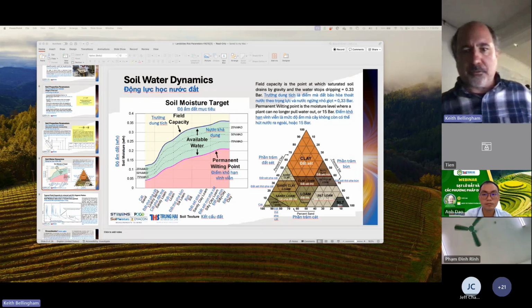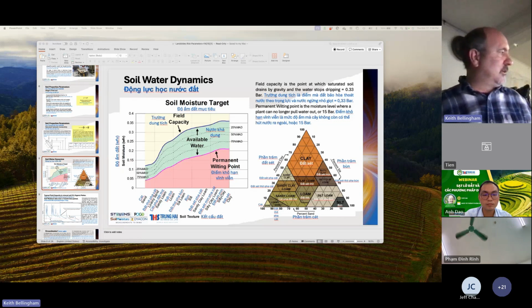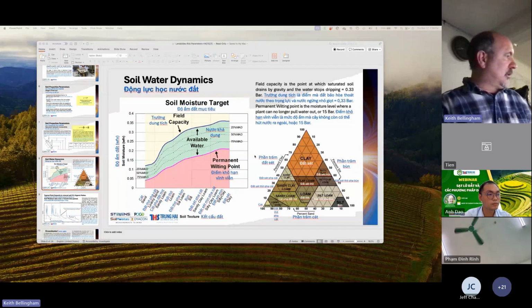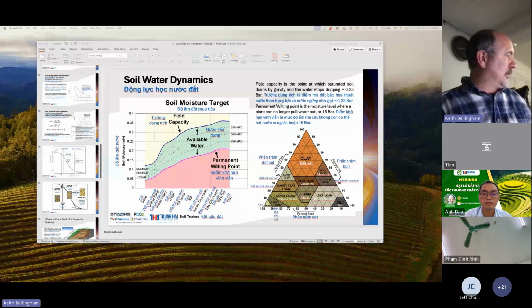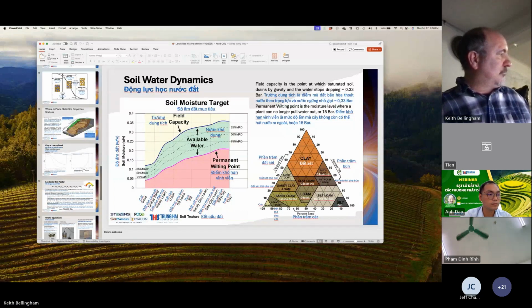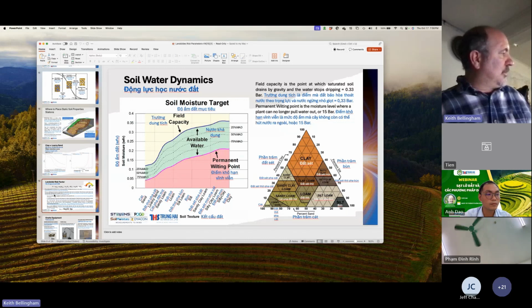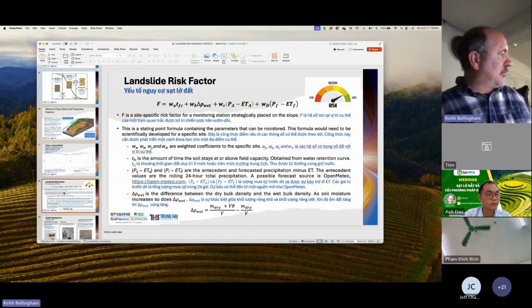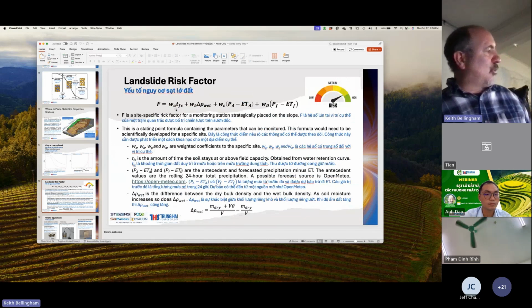So the question is, can you explain more about the weighting coefficients? And the weighting coefficients are numbers that would need to be developed, and it's an order of importance.